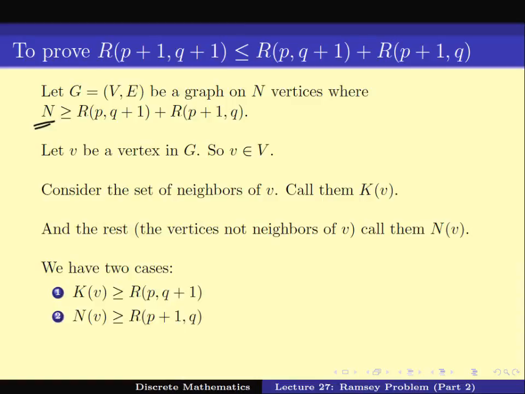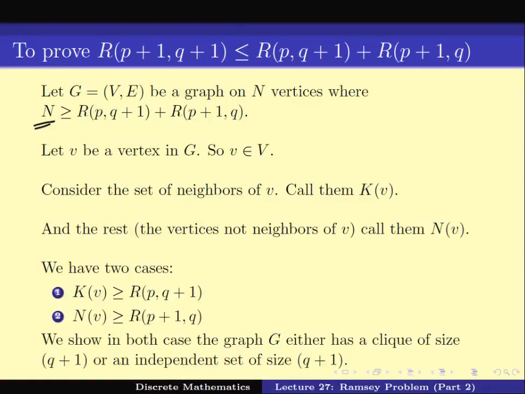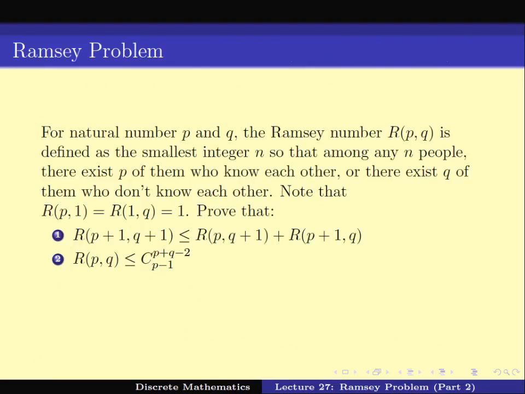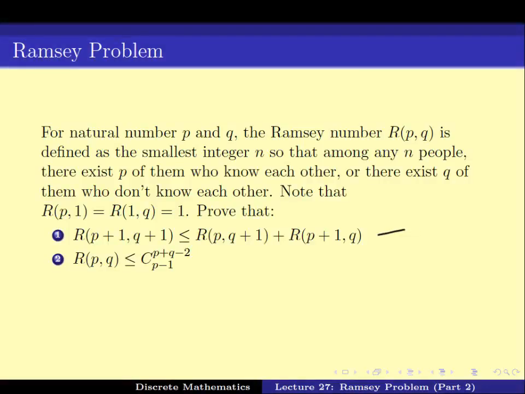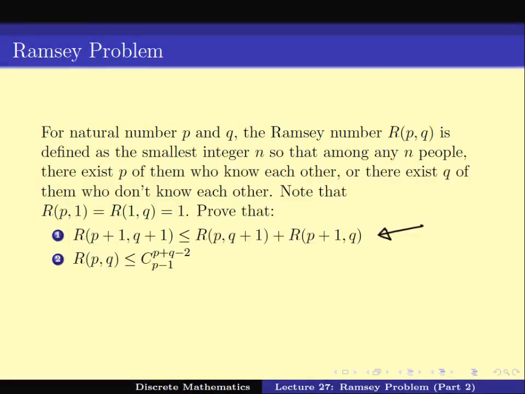We had two cases and we proved that in either case, either there is a clique of size p plus 1 or an independent set of size q plus 1. And hence we have been able to prove the Ramsey theorem. I mean, we ended up proving this recurrence relation.